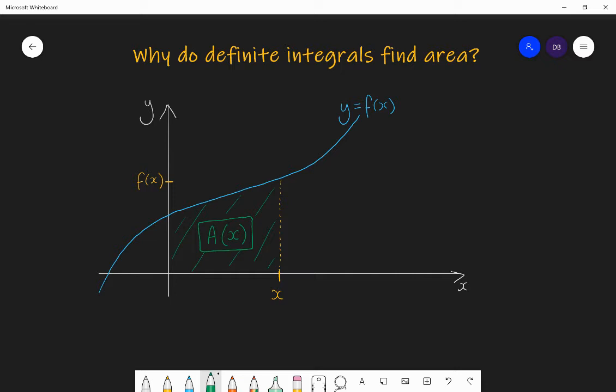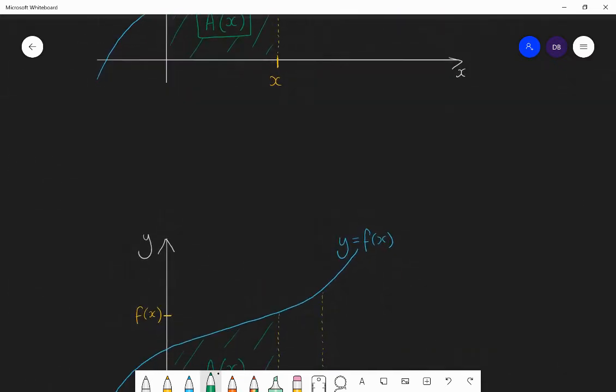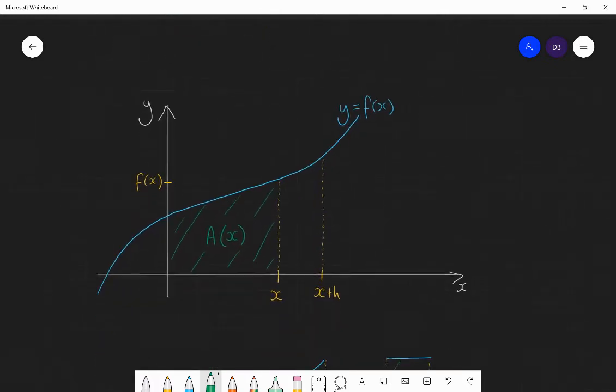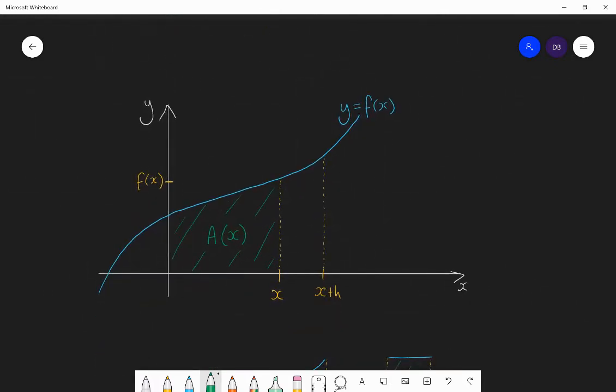Now, imagine I wanted to get the area between two x values: between an x value of x and an x value of x plus h. I've defined the area up to an x value as A of that x value. So the area up to x is A of x.